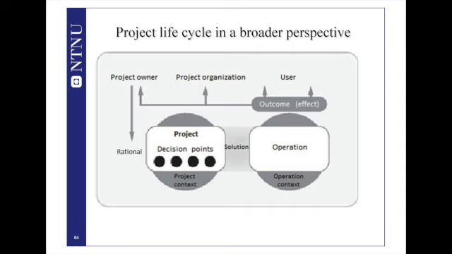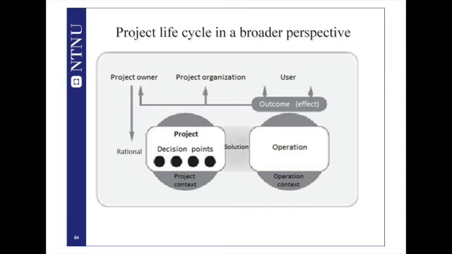In simple terms, from a holistic project life cycle perspective, we have three main categories of stakeholders. We have the project owner, or project owners, or project sponsors, or if you want to say client, or customer, or builder, the one who orders the project, is one category.